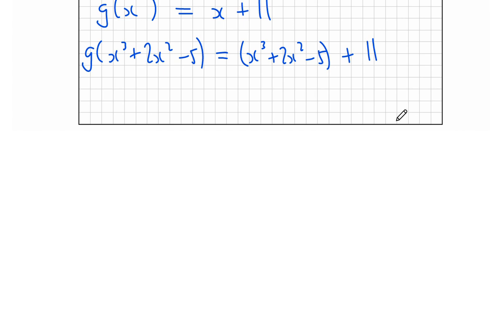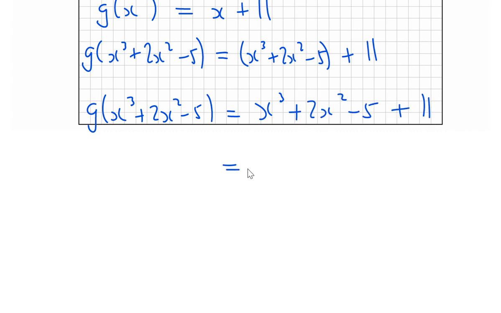When we tidy that up, when the input is x cubed plus 2x squared minus 5, we get x cubed plus 2x squared minus 5, and we have to add 11. That gives us x cubed plus 2x squared, and minus 5 plus 11 is plus 6. And that question is hopefully done and dusted. Yes, it is.